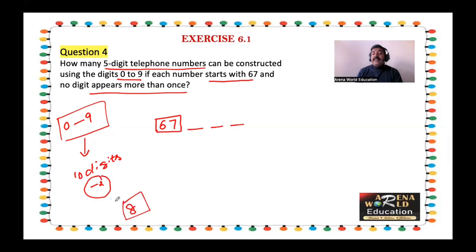Only 8 digits. So this place, third place, so that can be filled by 8 ways. So then next one, 7, then 6. So again, we are using that principle of multiplication in counting. So that will be what? 8 into 7 into 6. So that will be 336. And this is the answer, right? So in this way, you can solve question number 4.